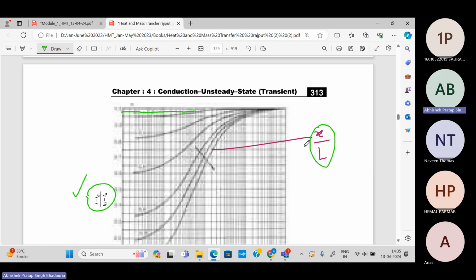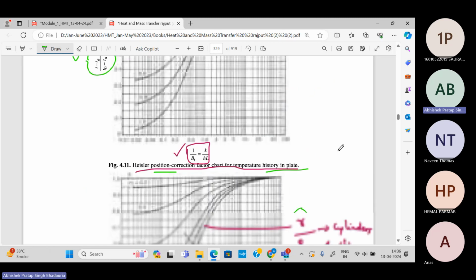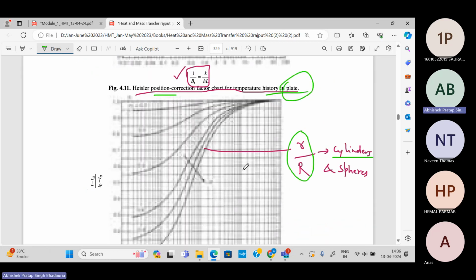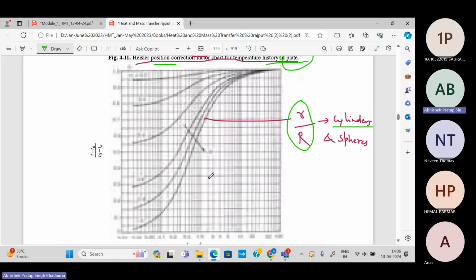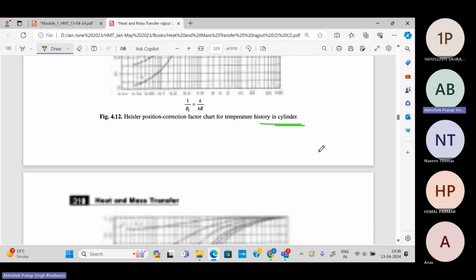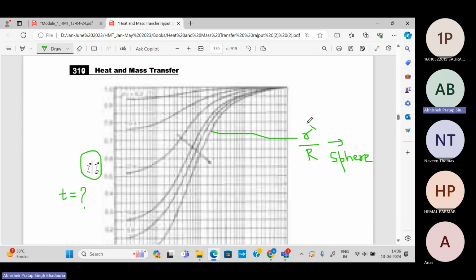These curves are expressed in terms of x by L for the plate, and in terms of small r by capital R for the cylinder and sphere. Fine. So this is the way to use the Heisler chart.